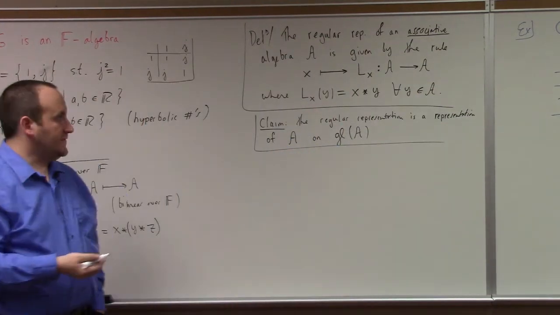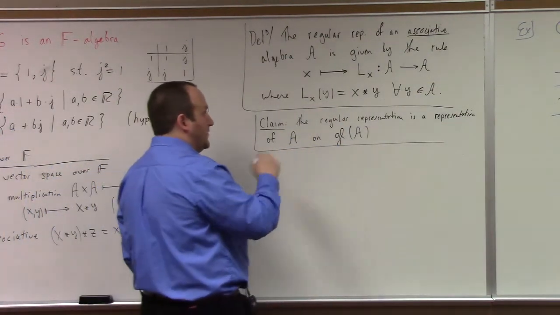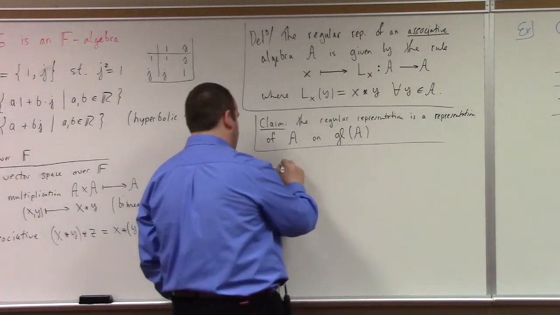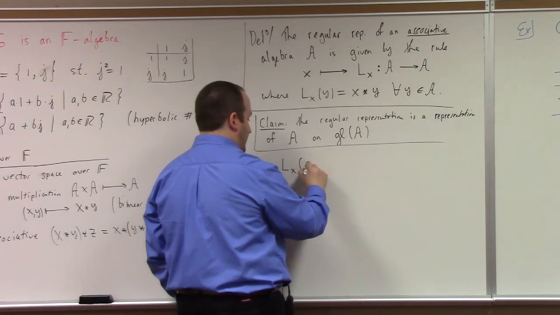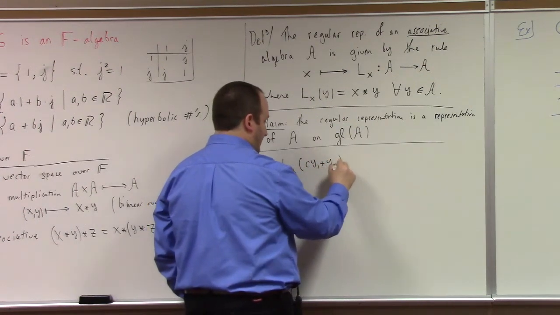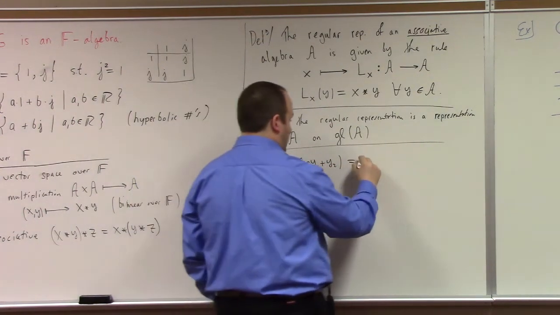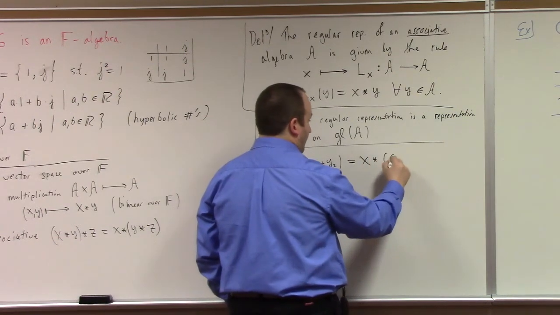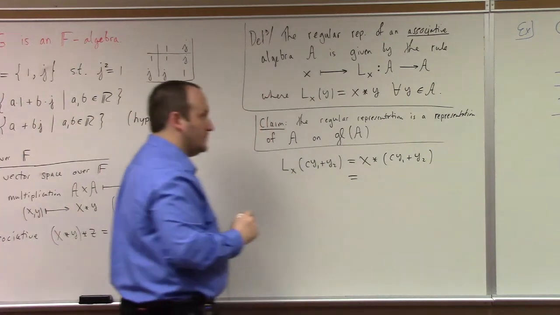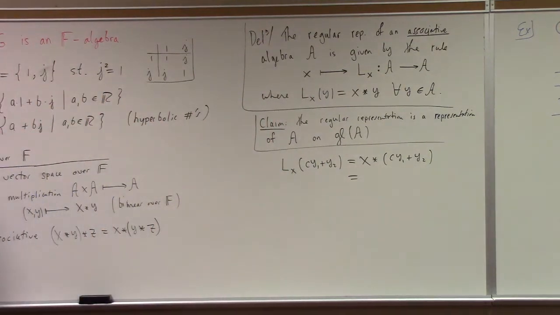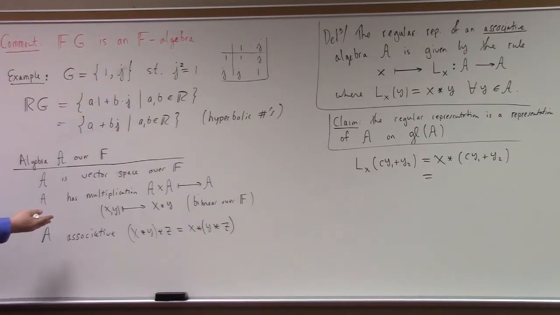So first things first, let's prove that L sub x, left multiplication by x as it's called, right? Left multiplication by x, if we act on what? Say c y1 plus y2, what do we get? But remember, we're assuming an algebra has multiplication which is bilinear, right?